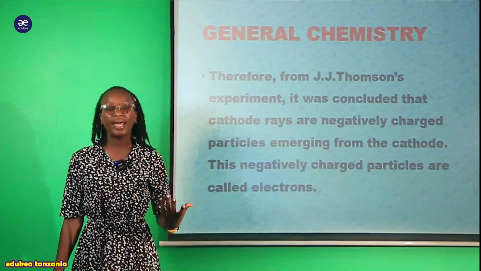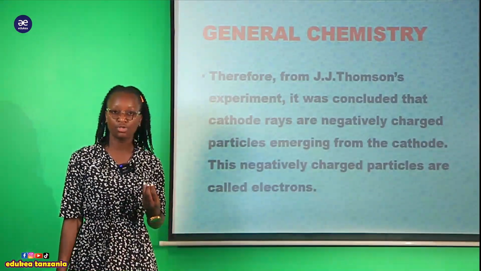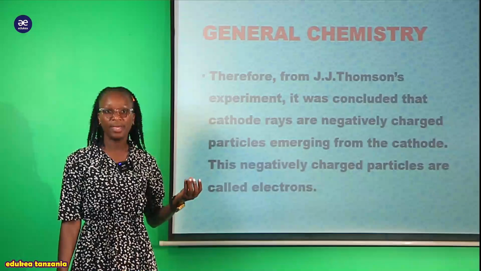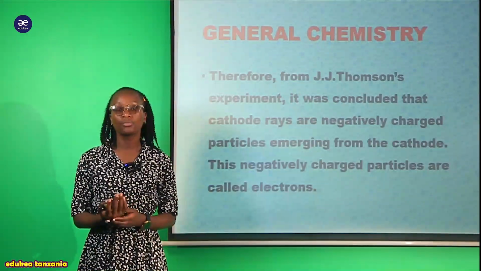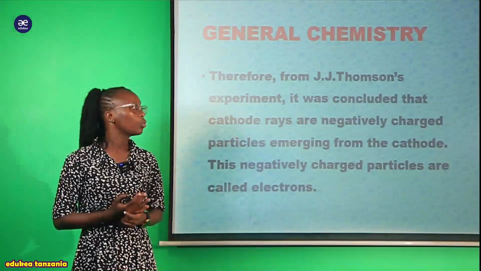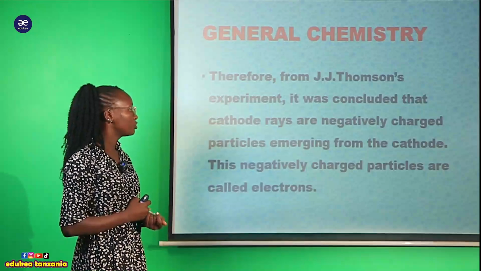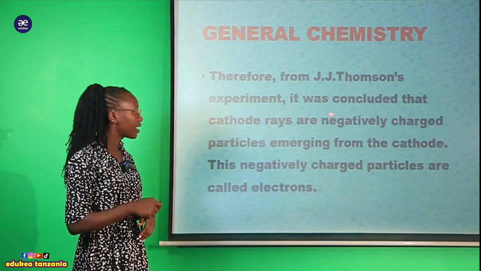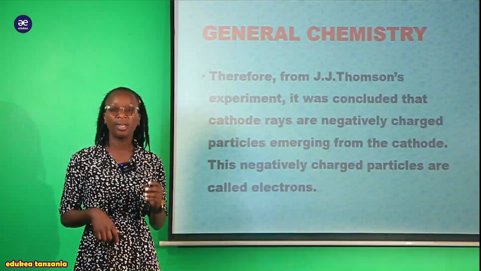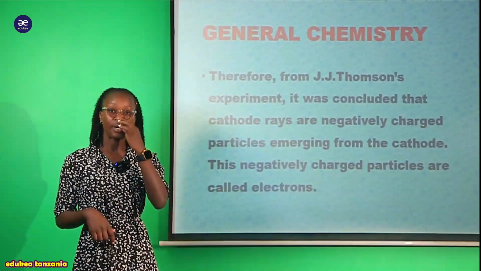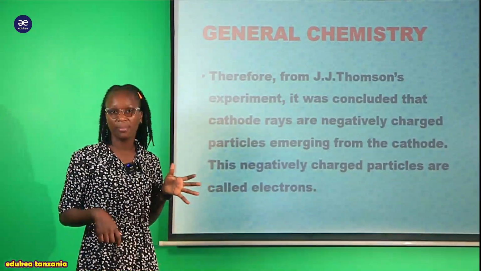Sasa kulingana na ile mechanism tuliyoona kuanzia mwanzo, tukaona hii cathode ray tube discharge inavyotokea, lakini pia tumejaribu kupitia hizi properties. Sasa finally ndipo huyu J.J. Thomson akaja na conclusion, general conclusion, akasema kwamba the cathode rays are negatively charged particles emerging from the cathode, kwamba ni negative particles lakini zimeitwa cathode rays kwa sababu they originated from the cathode plate.